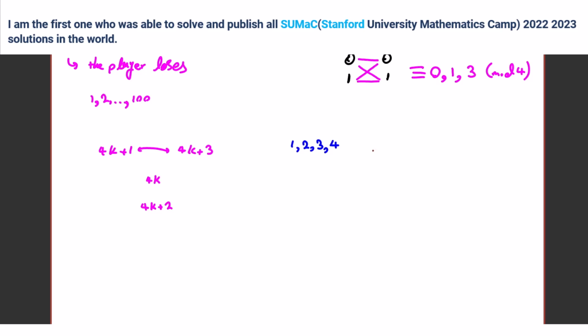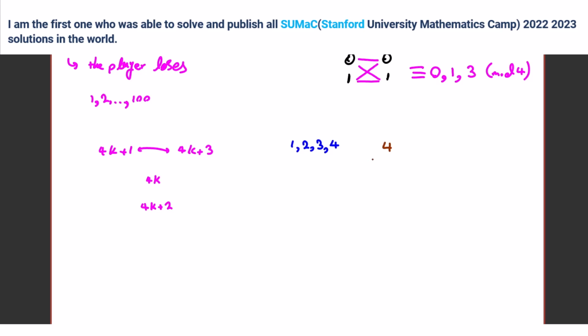You are the second player, I'm the first player, let's play. I take 4. Then you take what? Then I take 2. Then you lost, because the summation is 4k plus 2.